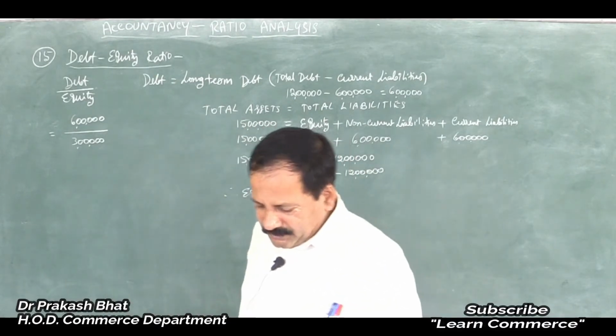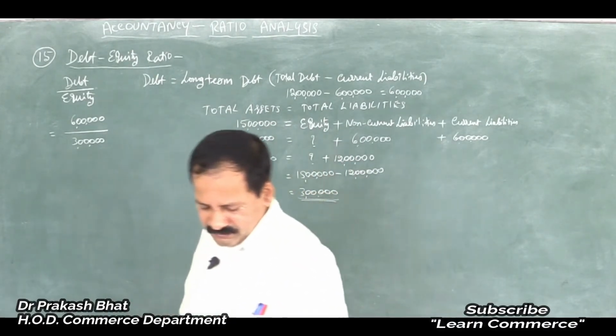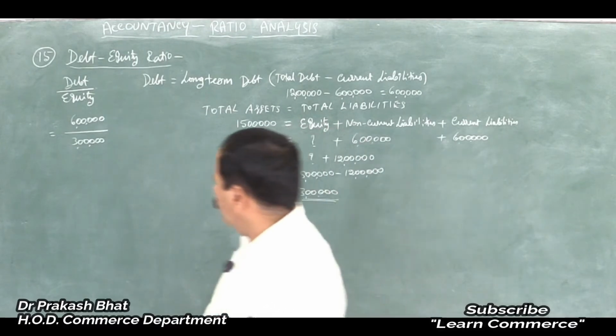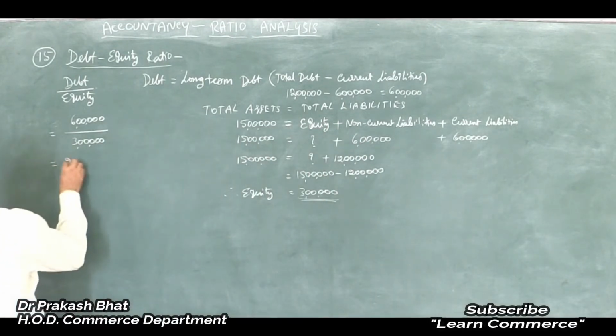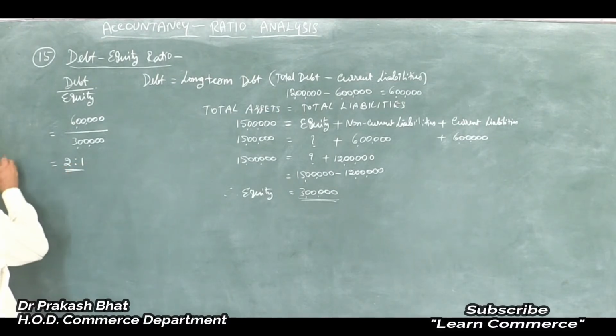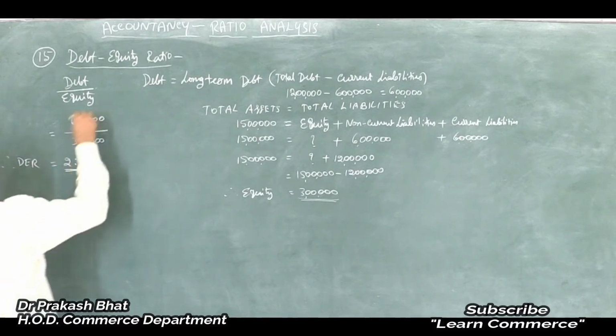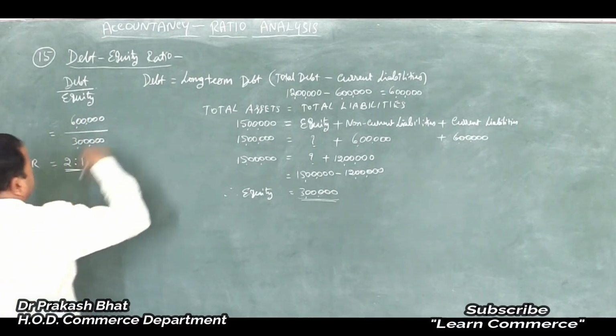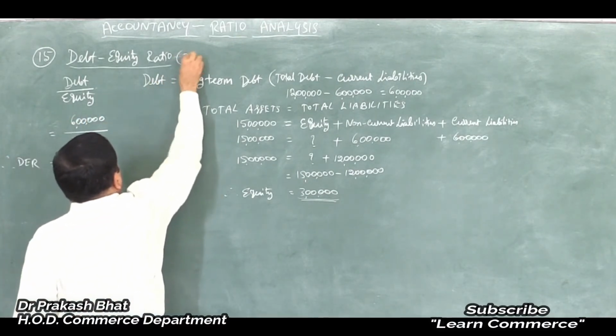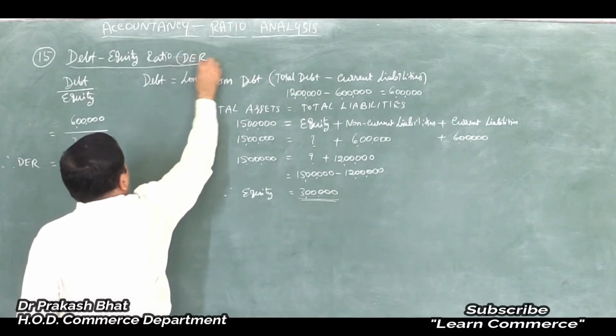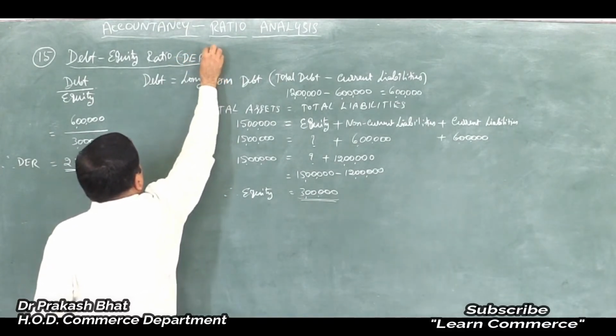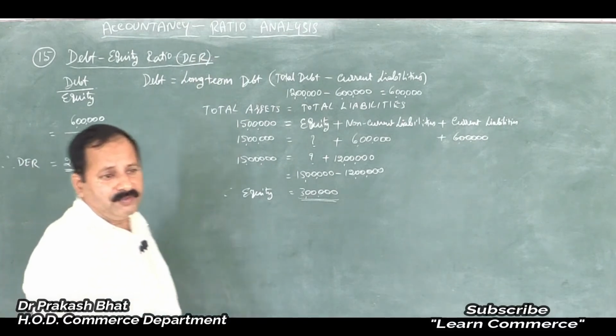Is equal to 2:1, isn't it? Therefore, debt equity ratio is equal to 2:1. That is what you have to do.